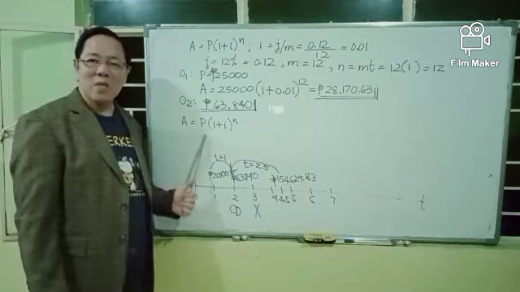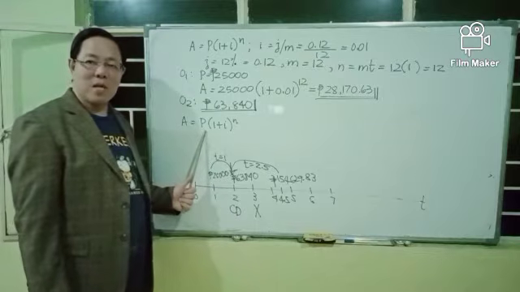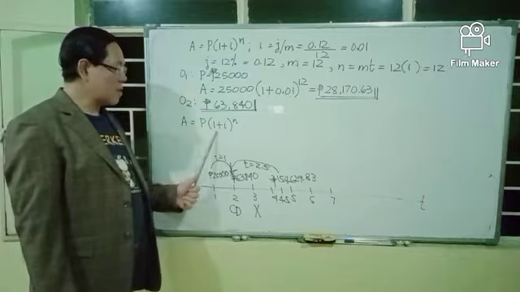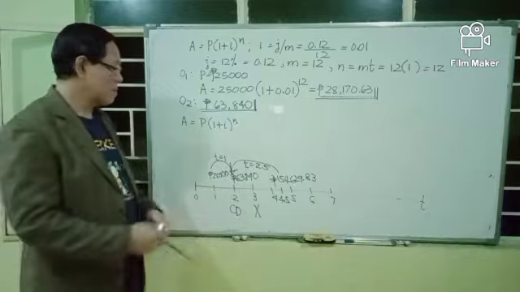From this formula, we solve for P. So we want P to be the only variable at one side of the equation. And to solve for P, we divide both sides of this equation by quantity 1 plus i to the power n.